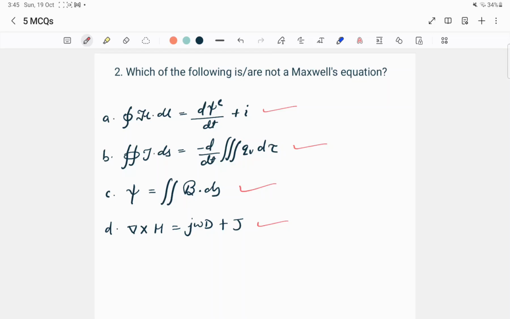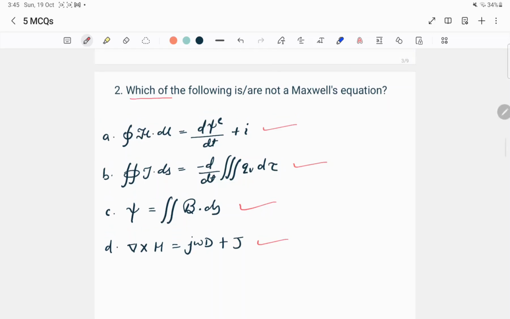Okay, so it has been asked which of the following is or are not a Maxwell's equation. So this first one is a Maxwell's equation written in integral form. And also you can say that it's a Maxwell's equation written in mixed form, because both the circuit quantities and the field quantities are present.